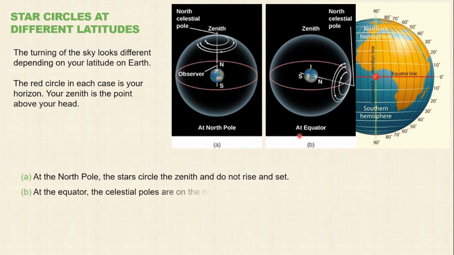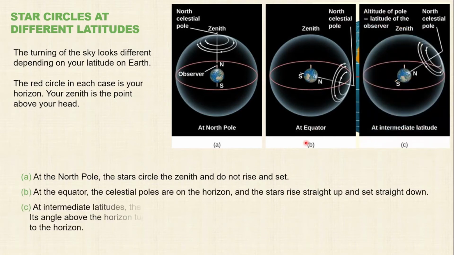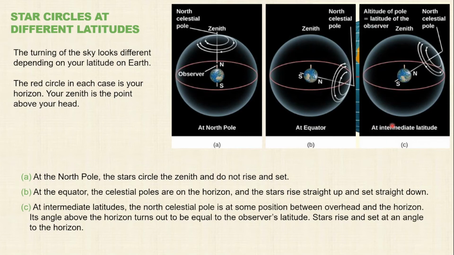And for intermediate latitude, I don't have to be at the equator or the North Pole. It can be some angle above the equator, and in that case, I would see an intermediate trail of the stars.